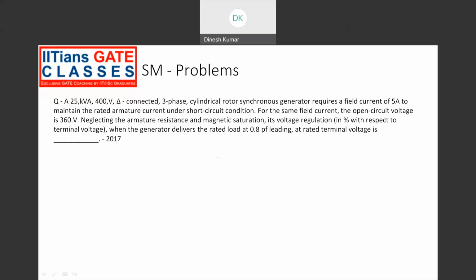Find the voltage regulation in percentage with respect to terminal voltage. It is asking us to find out the voltage regulation when the generator is delivering rated load at 0.8 power factor leading. Let's try to solve this question.